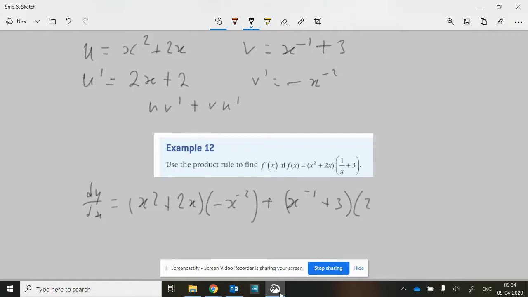And u dash is 2x plus 2. And that is fine, that is actually finished. But we might want to just manipulate this a little bit. So obviously you could take this thing down to the bottom. So you could take x squared plus 2x all over x squared. And we've got a minus there in front because it's times by a minus. And then you could multiply this one out as well. Let's just see what the book does actually in this case.